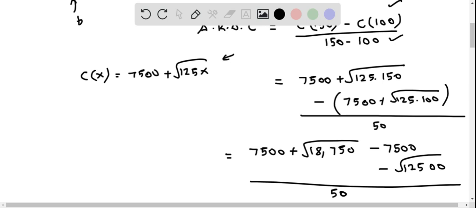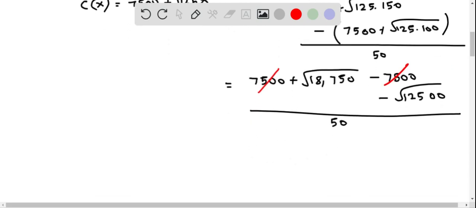We see that we can cancel this 7500, the 7500 and negative 7500, these two getting cancelled. We now plug this expression, 18,750 minus 12,500 over 50, into the calculator. And when we do that, we get the value as 0.50. This is rounded to two decimal places.